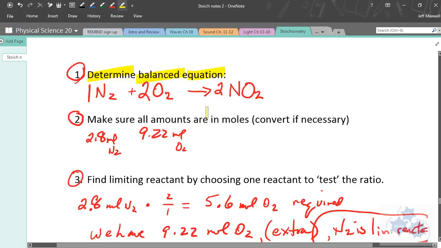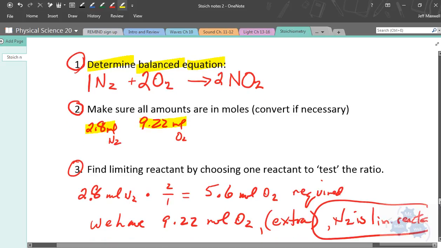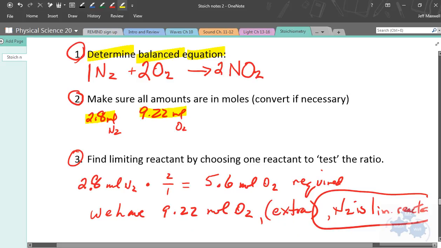So we might need to convert, right, grams to moles. So we've got 2.8 moles of N2, that's good, it's in moles, and 9.22 moles of oxygen. All right, so now the third step, this is sort of the big deal here, right? Find the limiting reactant by choosing one reactant to test the ratio.